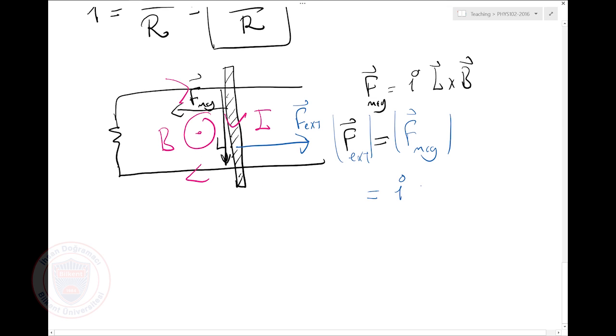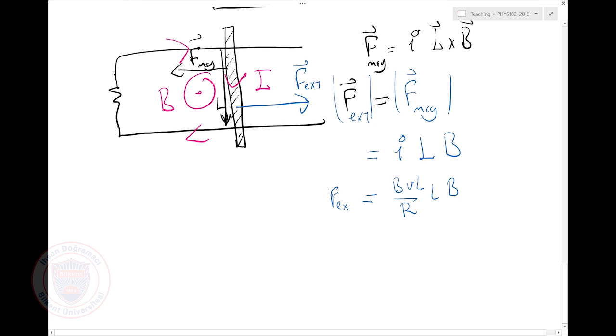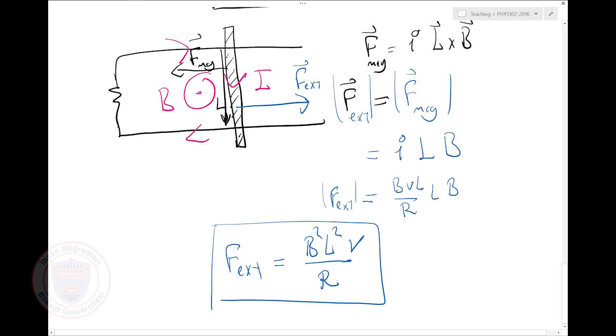So it's going to be I times L times B, and I have already found what I is, BvL over R, times L times B. This is F external. So it's going to be B squared L squared v over R.